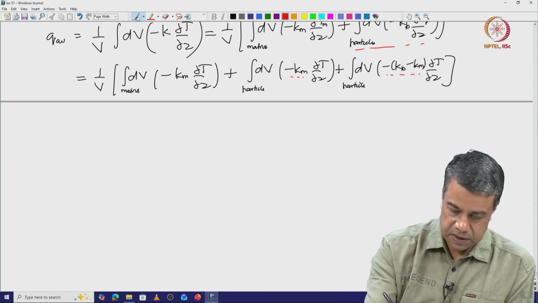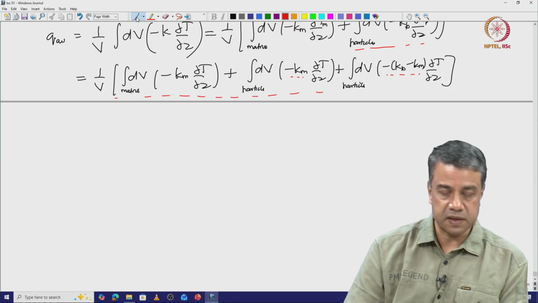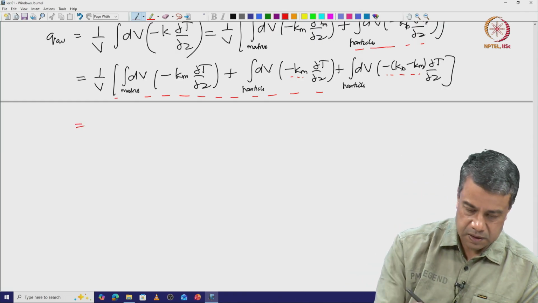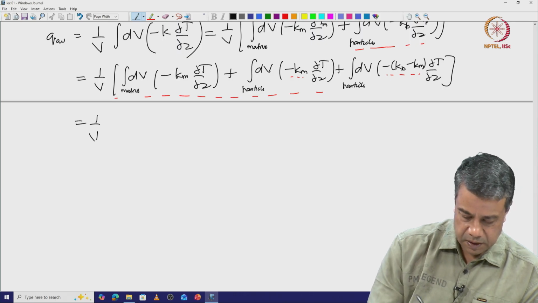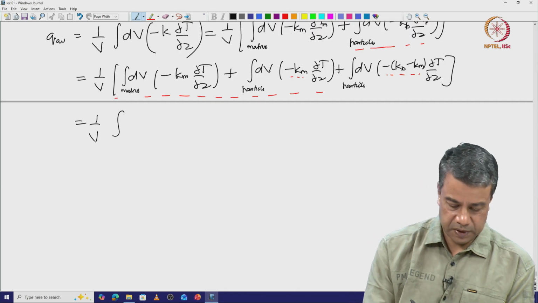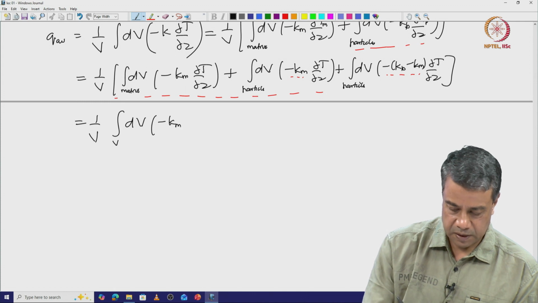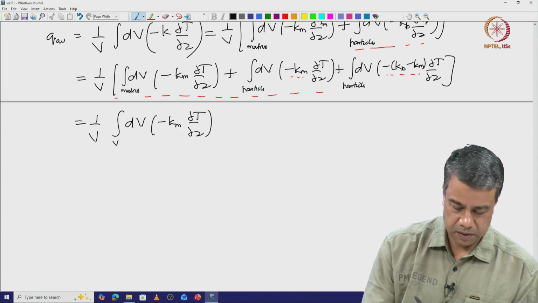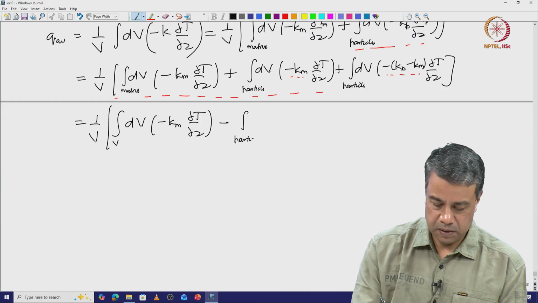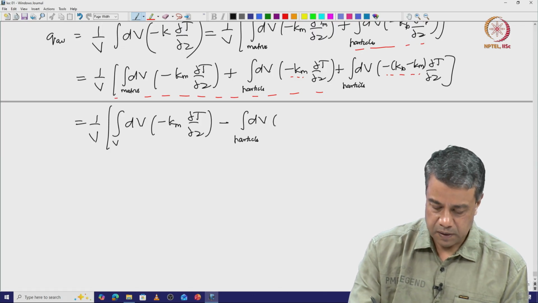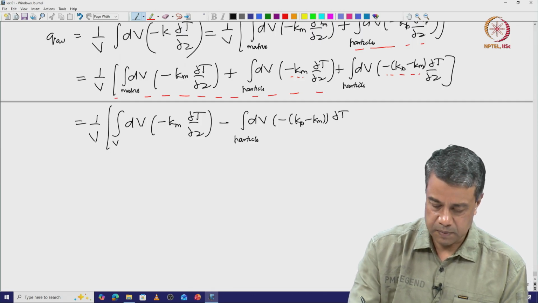This first term here is the integral over the matrix of minus Km dt dz plus the integral over the particles of minus Km dt dz. So, this is 1 over V integral over the entire volume of dV into minus Km dt by dz, minus the integral over the particles alone of dV of minus of Kp minus Km, partial t by partial z.